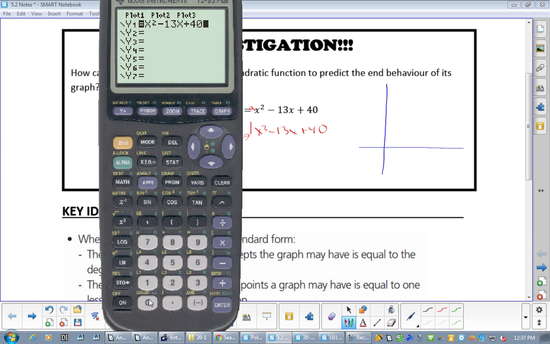No, it doesn't matter. If you put a 1, it doesn't change it. And then we're going to hit zoom 6. Zoom 6 is called zoom standard. It brings everybody's calculator back to the original, because if you were graphing somewhere else.